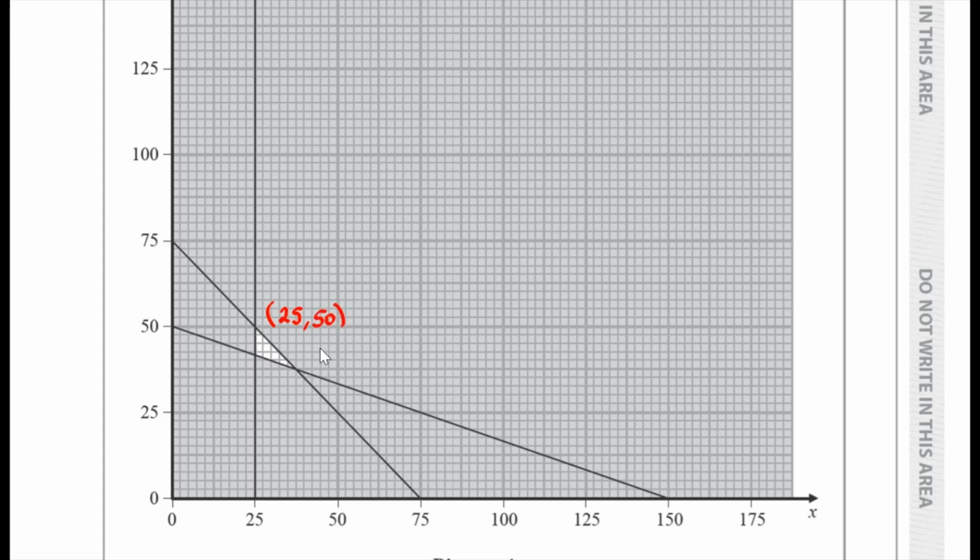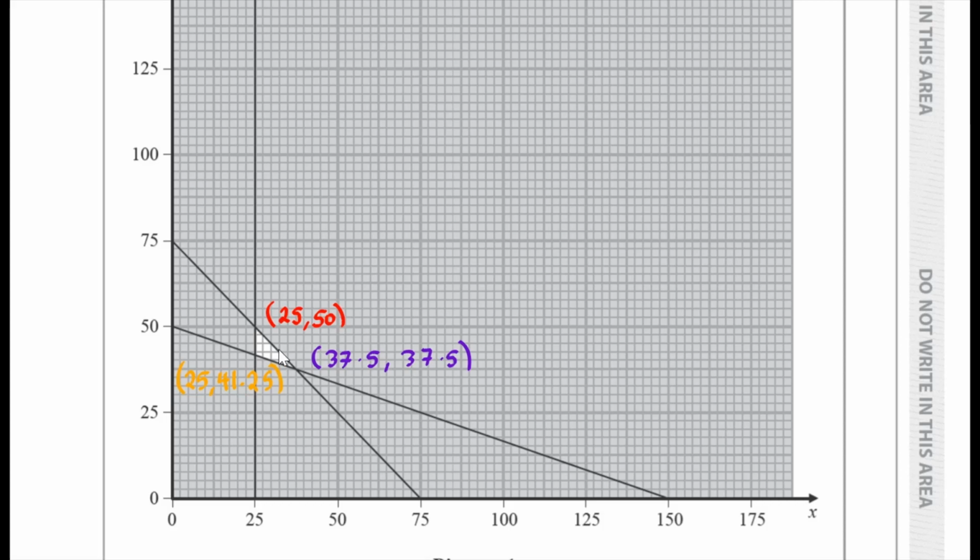This intersection point over here is 37.5 and 37.5, and this intersection point here is, let's get a better colour, this intersection point over here is 25 and 41.25. Okay, hopefully that's all clear.